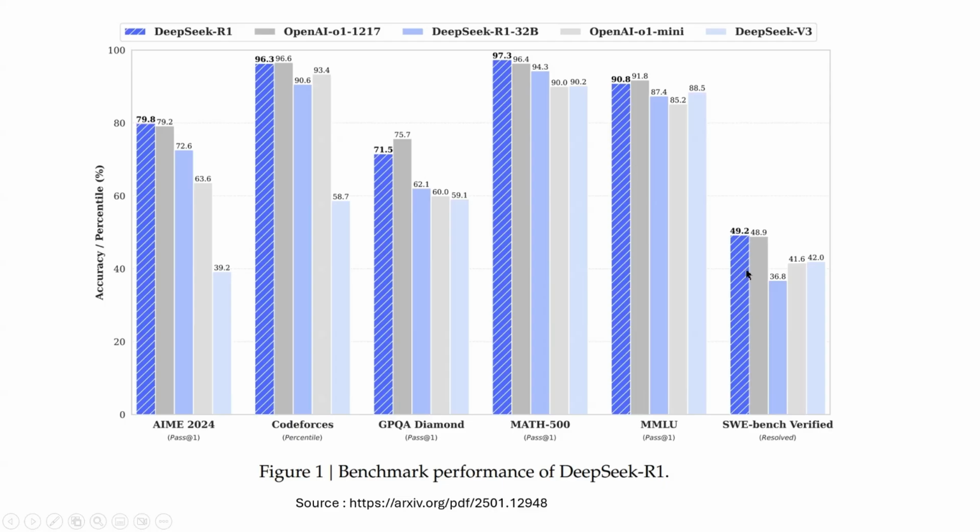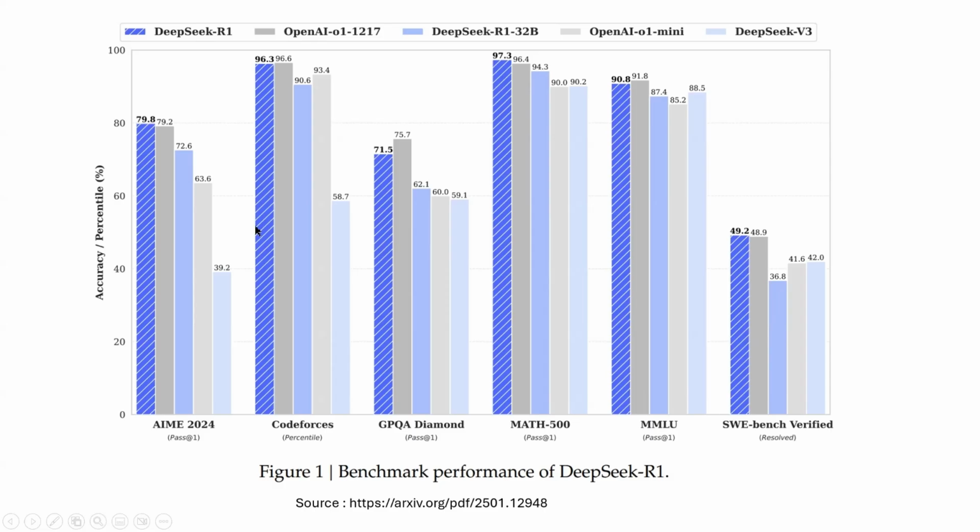On the software benchmark, SWE-bench, we have 49.2 for DeepSeek R1 and 48.9 for O1, so DeepSeek is outperforming O1.